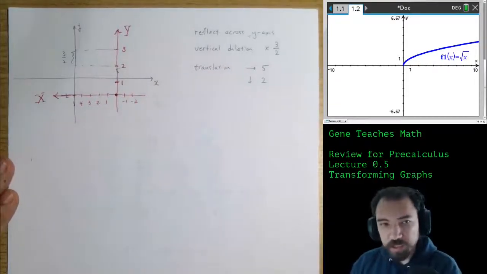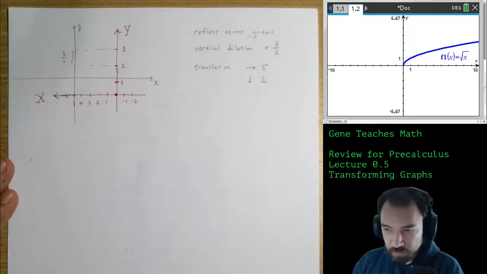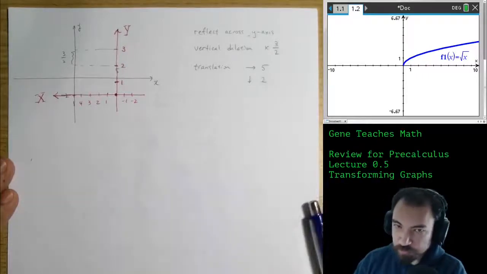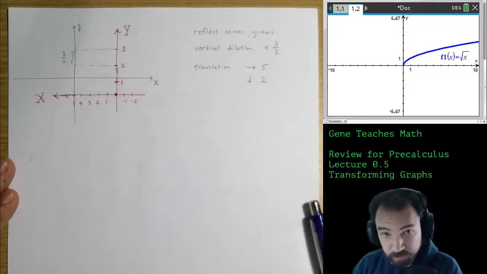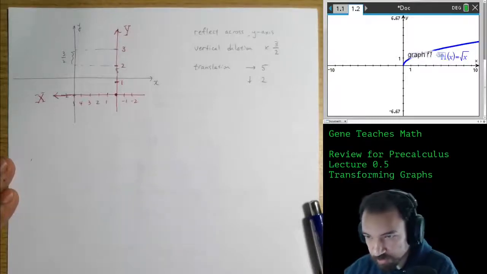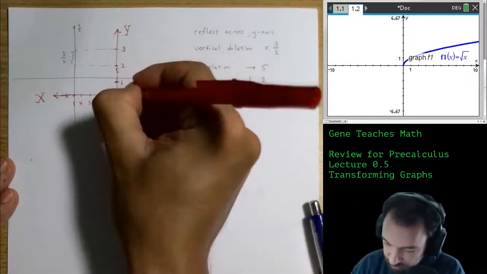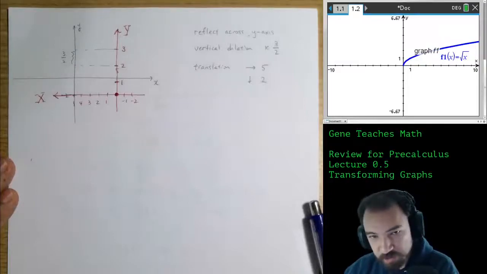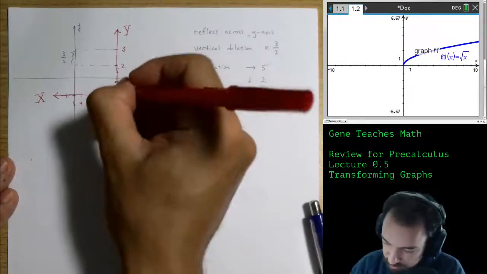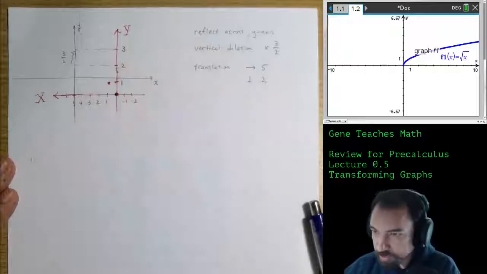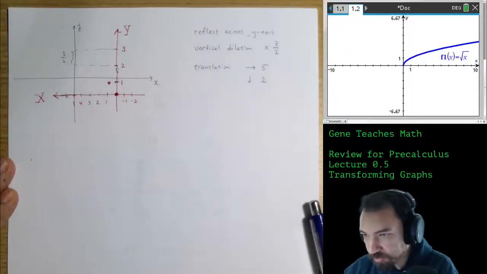All right, so our goal is, number one, to produce the graph that's on the screen in the red coordinate system. We see on the screen that (0, 0) is going to be right there. The next point turns out to be (1, 1). The next easy point is (4, 2), because the square root of 4 is 2.